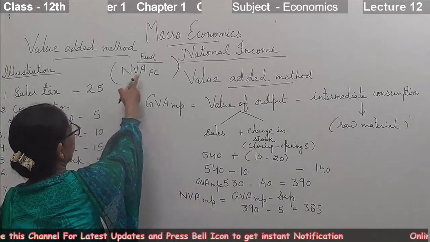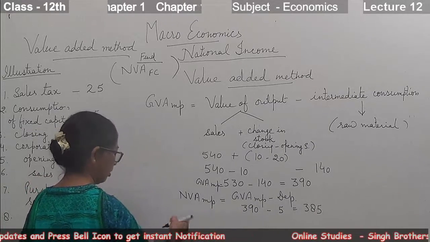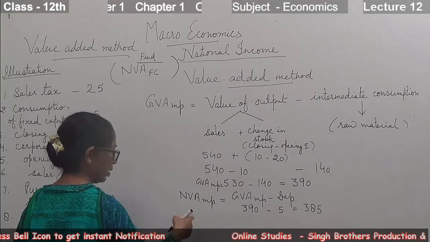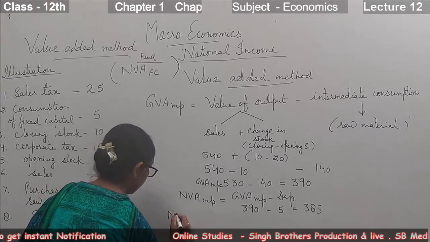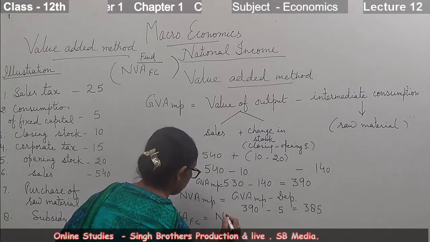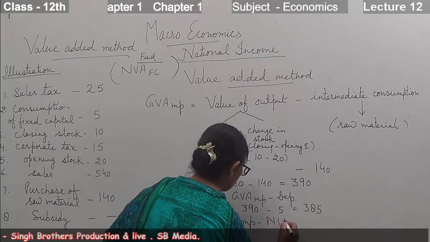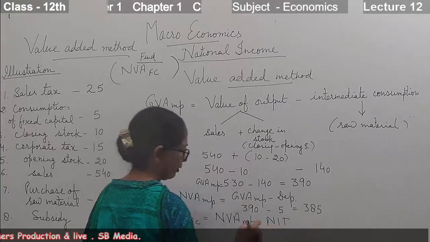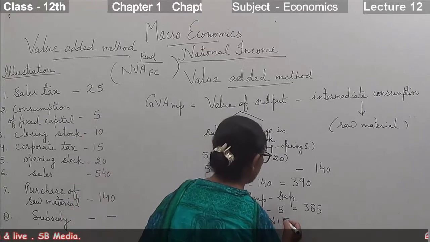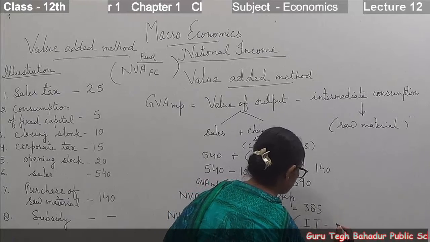Now we have to find out NVAFC. NVA-MP we have found out. Now to convert to FC, NVAFC is equal to NVA-MP minus NIT. And the formula of NIT I have already told you: indirect tax minus subsidy.